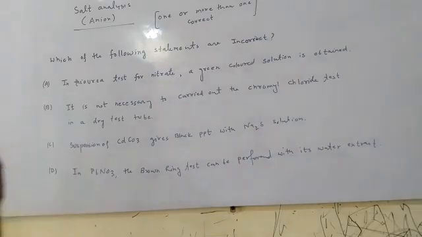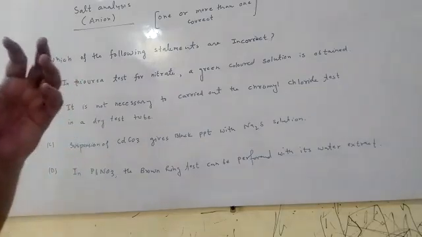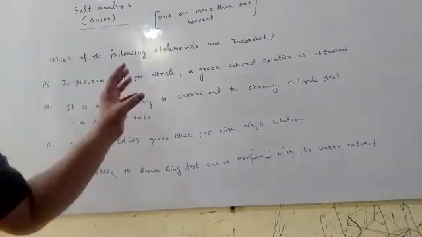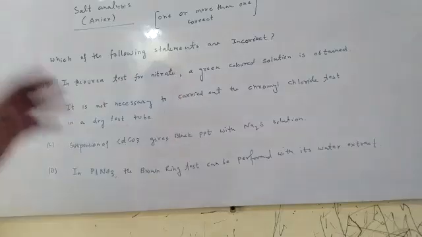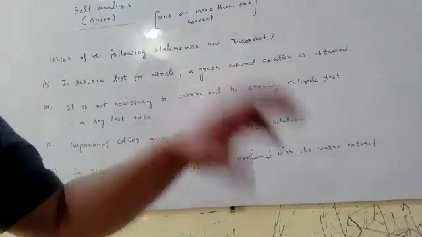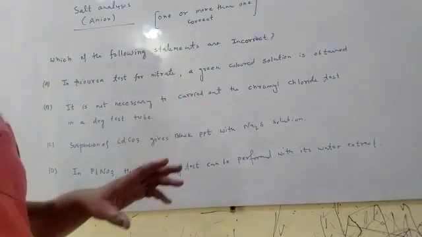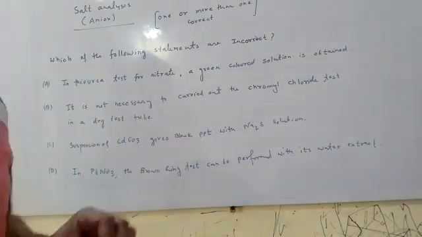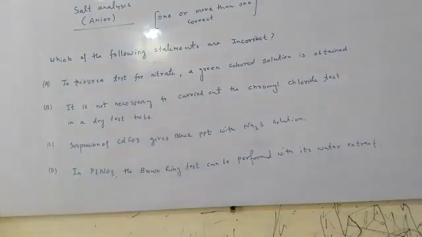SCN minus, acetate ion and formate ion. Fe3+ with acetate ion, Fe3+ with formate ion, and Fe3+ with SCN- ion, correct? They give blood red color. We already discussed this.